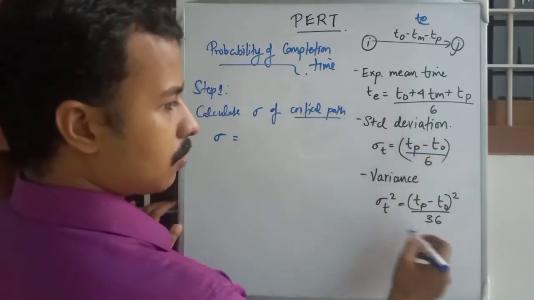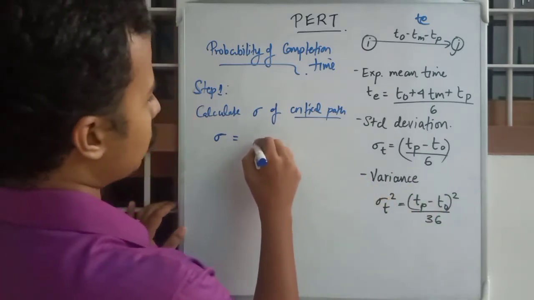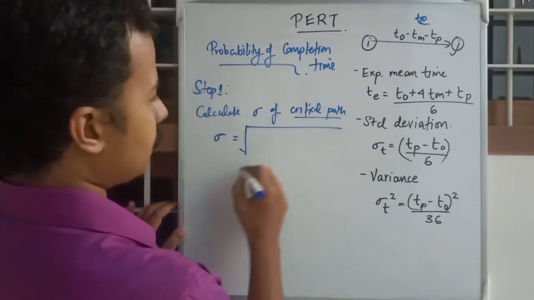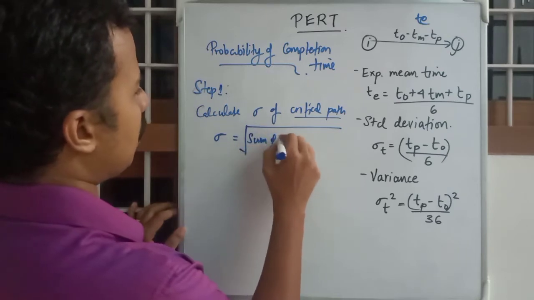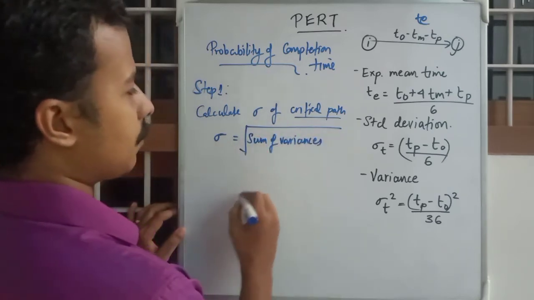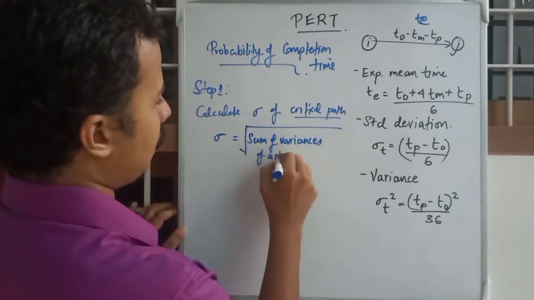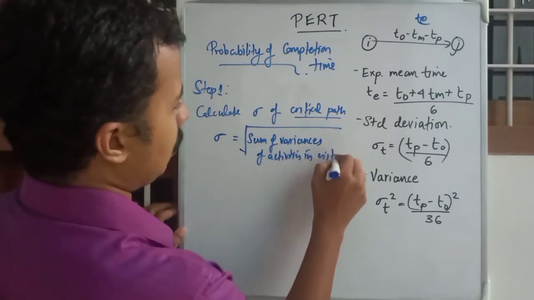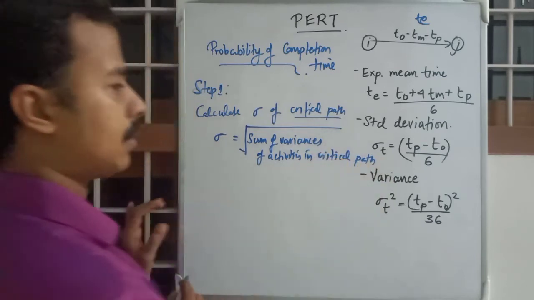You will calculate it as the root of the sum of variances of activities in the critical path.